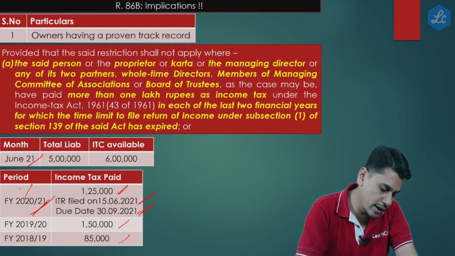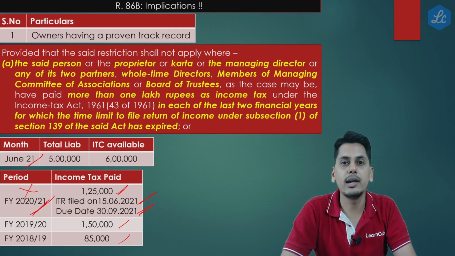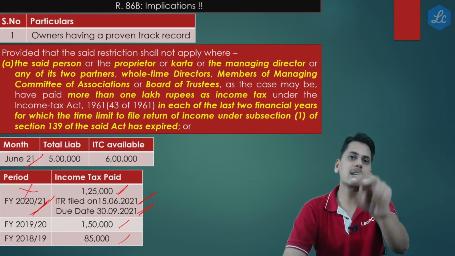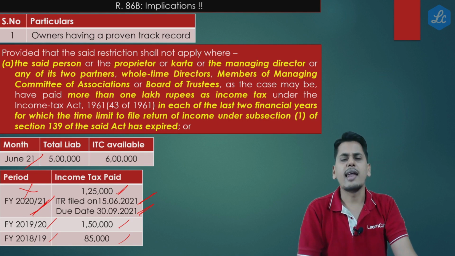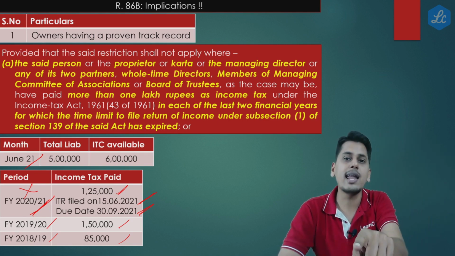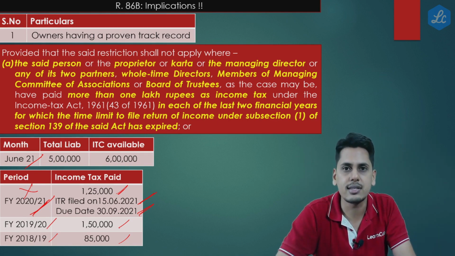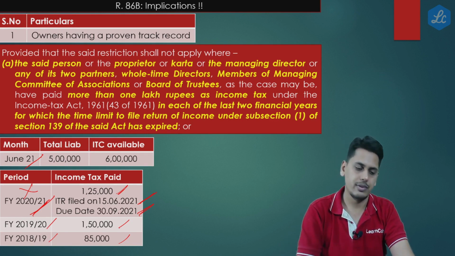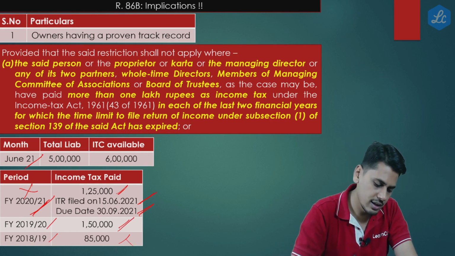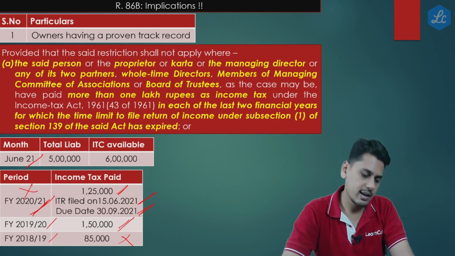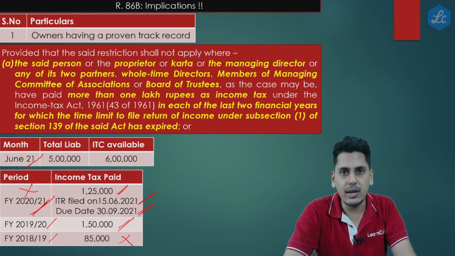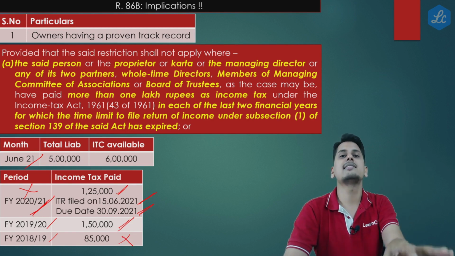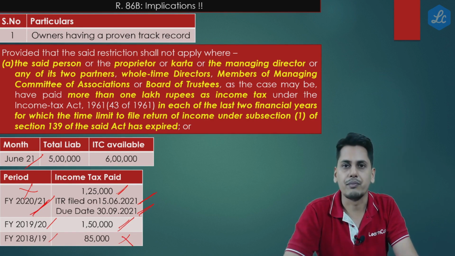So you are not going to consider financial year 2021. The two financial years which you are going to take are 1920 and 1819. And has he paid an income tax exceeding 1 lakh rupees in each of these two financial years? The answer is no. He has paid 150 over here. Here it is below 1 lakh, it is 85,000. So friends, for the tax period June 2021, sadly 86B is applicable for him.